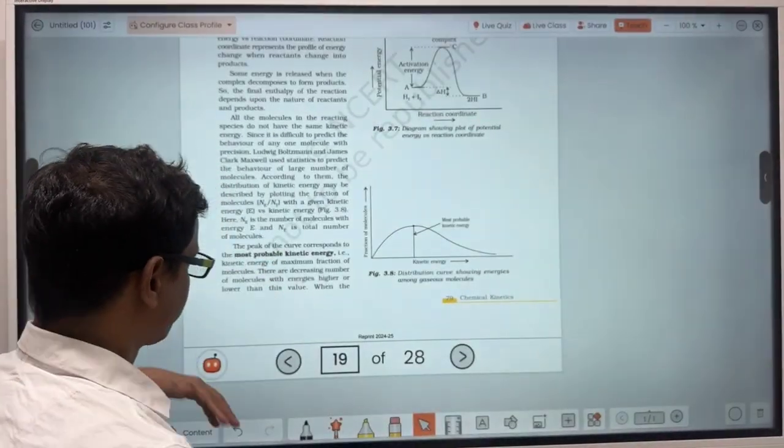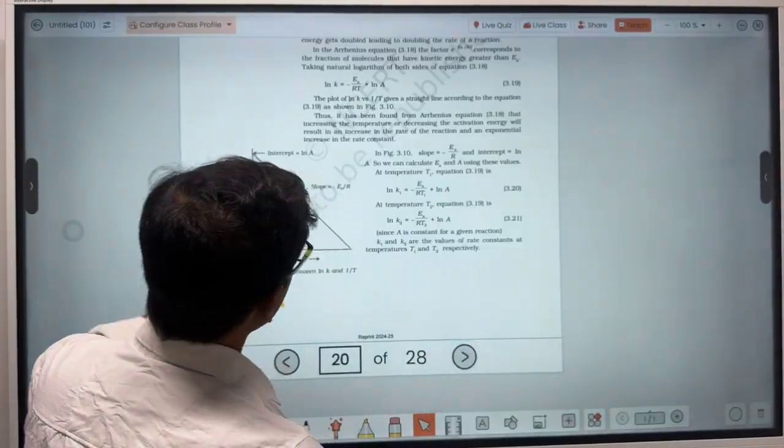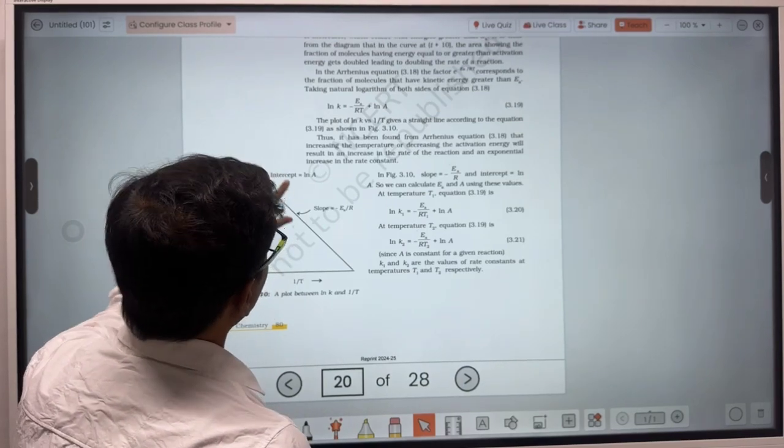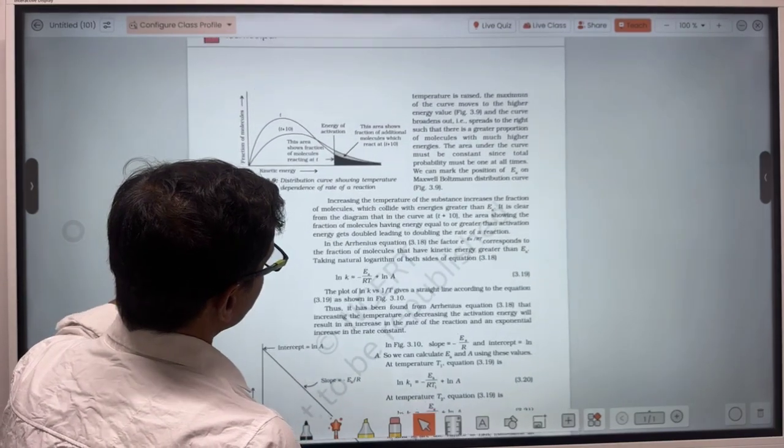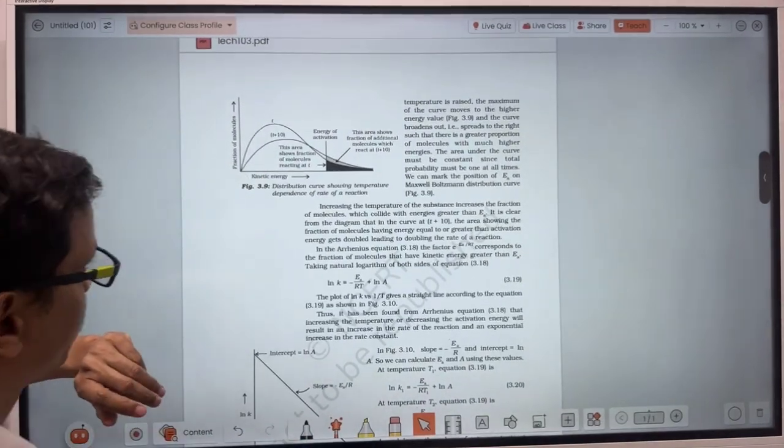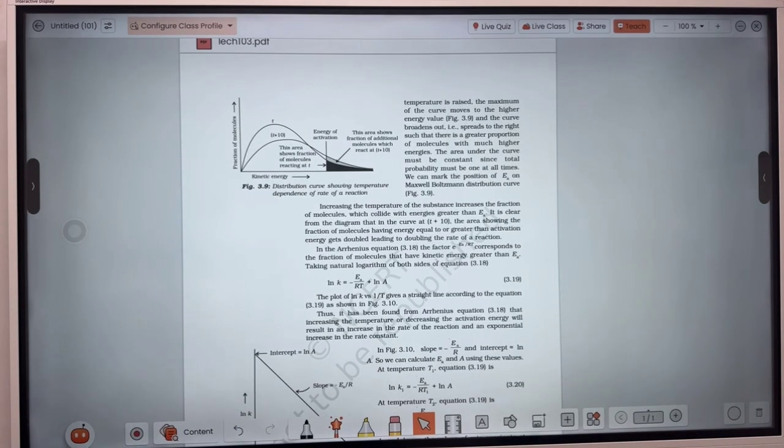Okay. So what happens on increasing the temperature? The most probable kinetic energy of reactants increases.